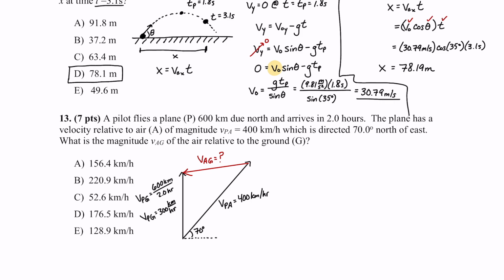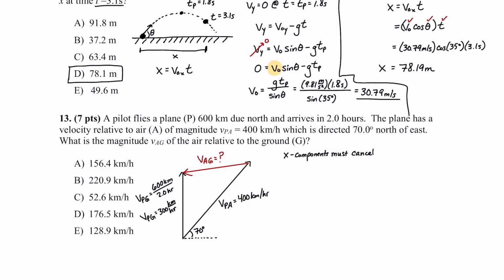To figure out the magnitude of this vector, we first need to figure out its components. Based on the diagram, we see that the x components of VAG must cancel the x components of VPA because the resulting vector, VPG, does not have any x component. So our x components must cancel.